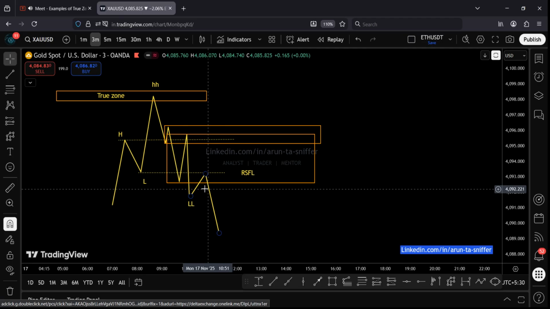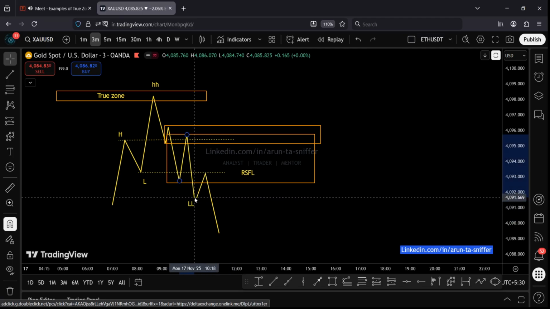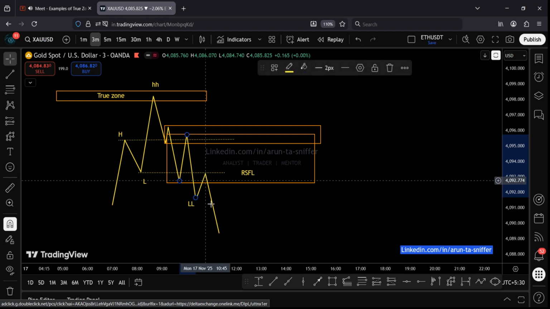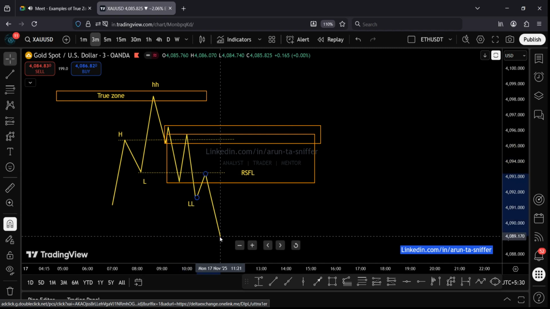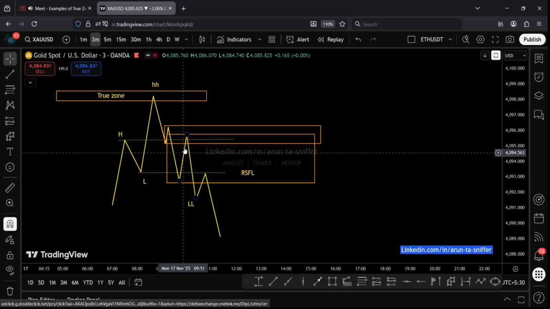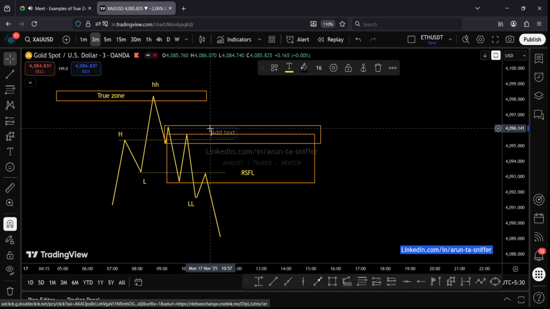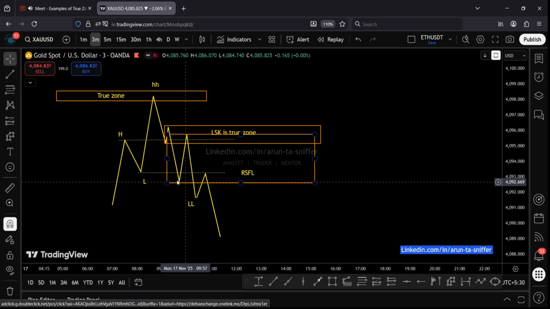And when price comes down like this, it is the second type of RSFL. Why? This low has sent the price to LSK, and we know LSK is a true zone.